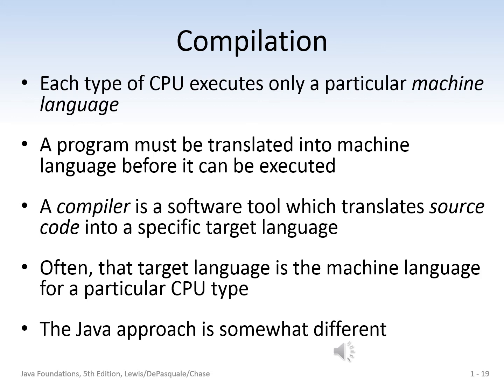Next, we discuss the process of compilation, obviously done by a compiler. A specific CPU executes only a particular machine language, and the CPU has an instruction set architecture, and that is the universe of instructions that CPU can execute, and the microarchitecture designed to support that instruction set.